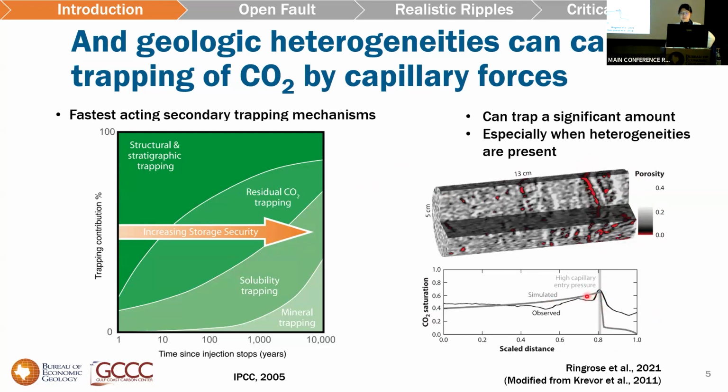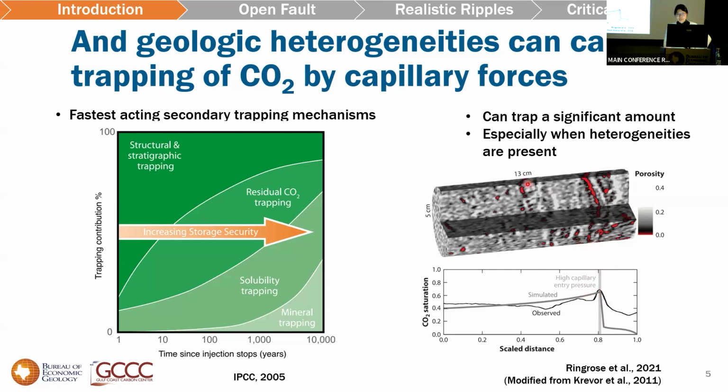So then the saturation of these trapped pools of CO2 is much greater than the amount of trapping that you would expect from pore scale snap-off residual trapping. So we call these capillary heterogeneity trapping. And this is CO2 trapped by these capillary barriers.